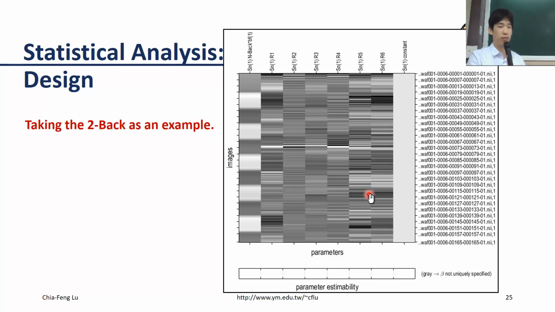Then you can estimate the beta value in a better way. So this is the way to check whether your regressors may have high correlation with each other. If not, you will see full white right here. If you see some column has a gray value right there, that means you need to modify your regressor.